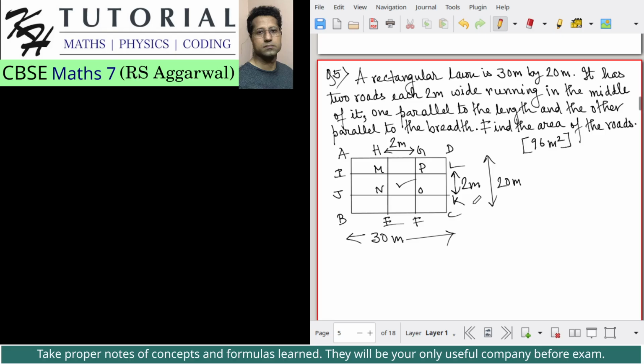So we can see that the area of roads will be equal to the area of the road that is running parallel to the breadth, the rectangle HEFG, and the area of the road that is running parallel to the length, IJKL.